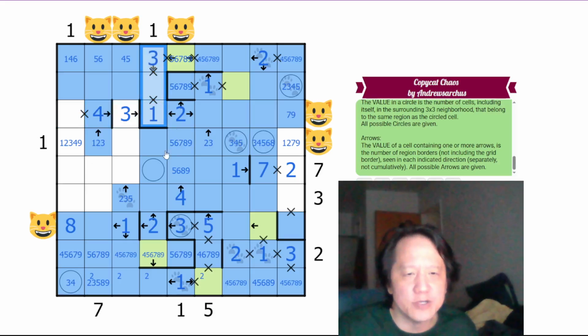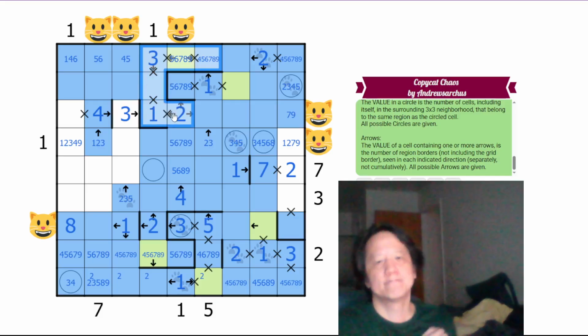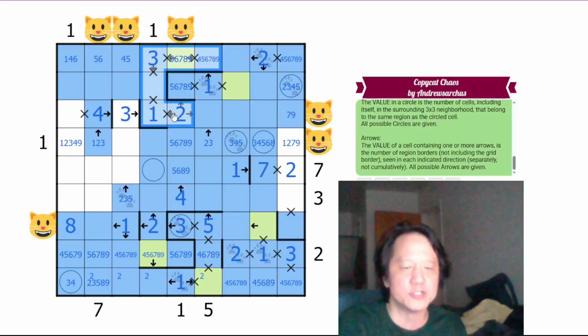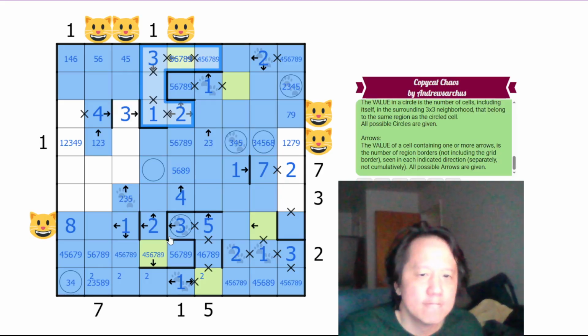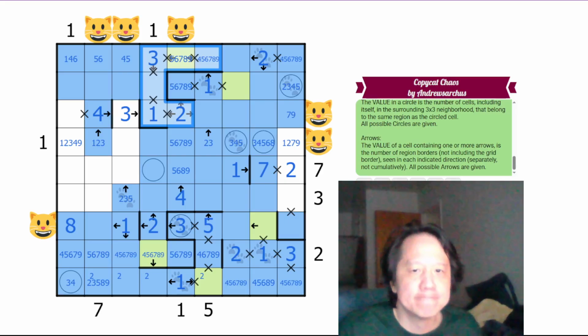This is 3. We have a boundary here. Therefore, there's no boundary here. So we have 1, 2, 3, 4, 5, 6 cells in that region. 7 or 9 is the copycat.